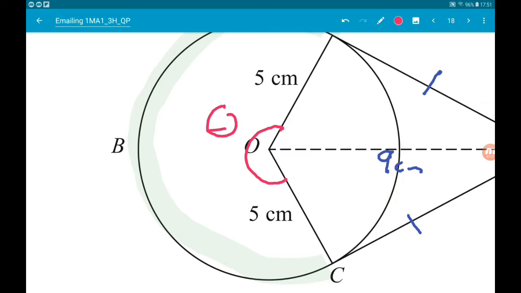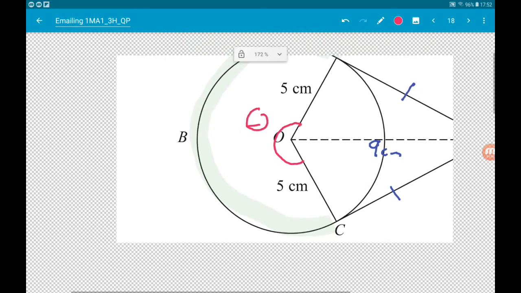So to find the fraction of the circle that we have, we need to find theta and stick that over 360. For example, if theta was 90 degrees, we would have a quarter of the circle.